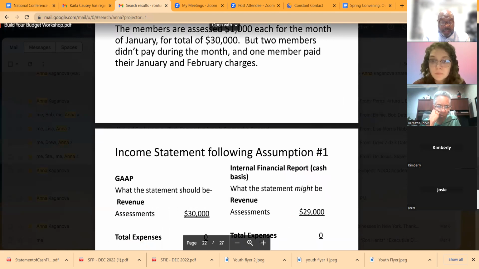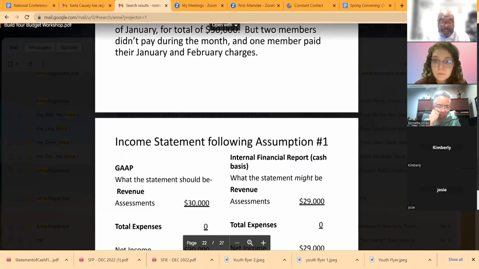Looking at the GAAP side, we had assessments of $30,000. Remember, everybody was paying $1,000, 30 people, so that's an assessment of $30,000 on the GAAP side.